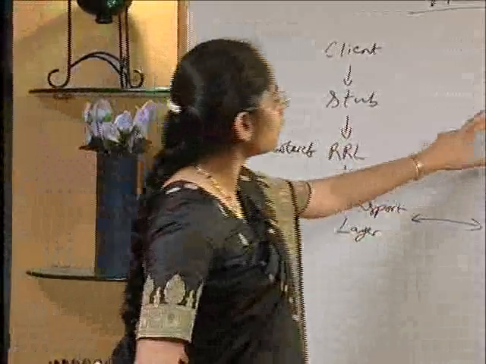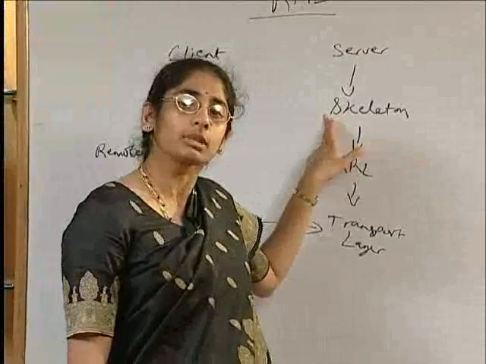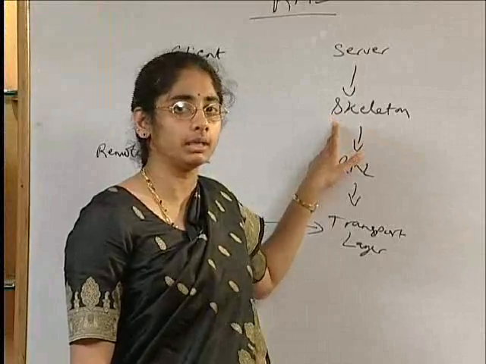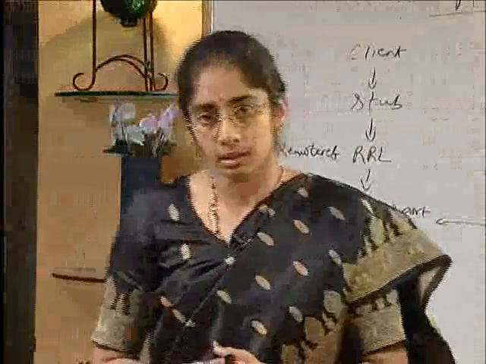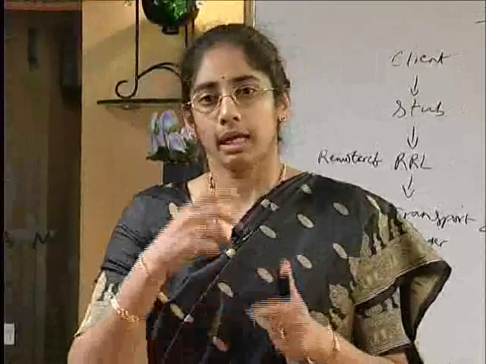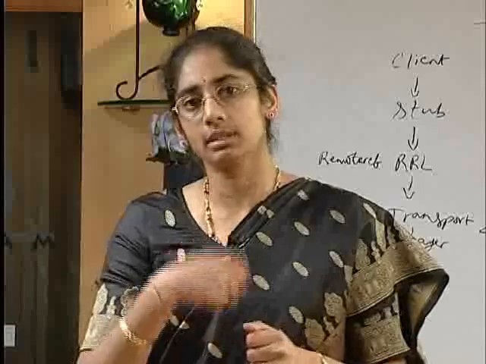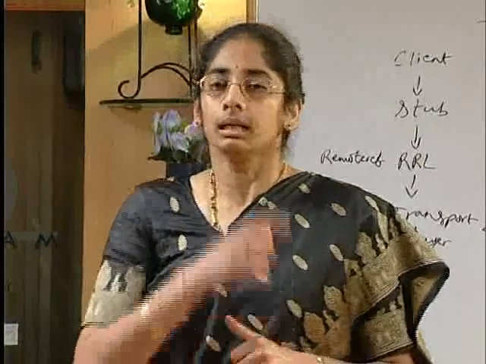When the method call comes to the skeleton, it is responsible for unmarshalling, that is, to recreate those objects. So it passes the primitive values as values themselves, and any local object that had been serialized and passed across will be deserialized, that is, it recreates the object.